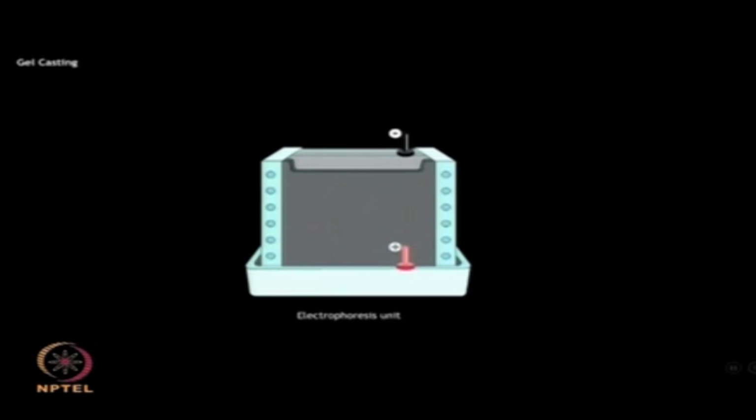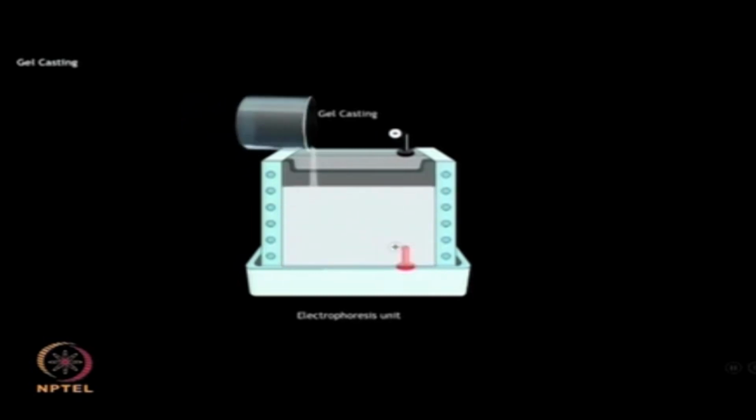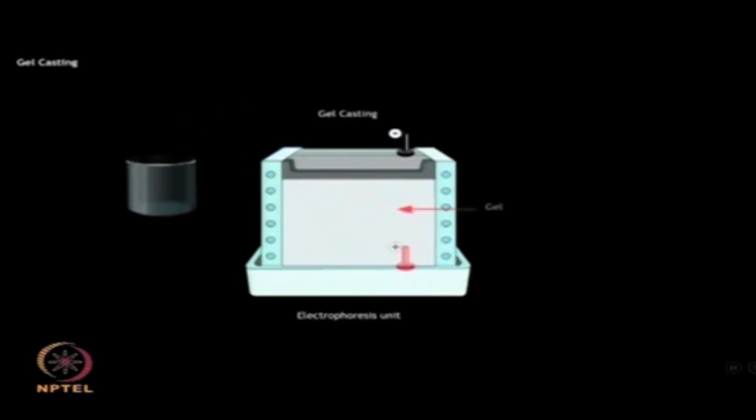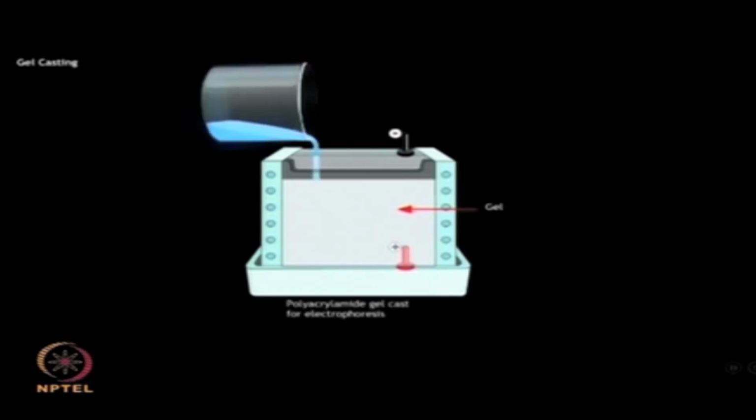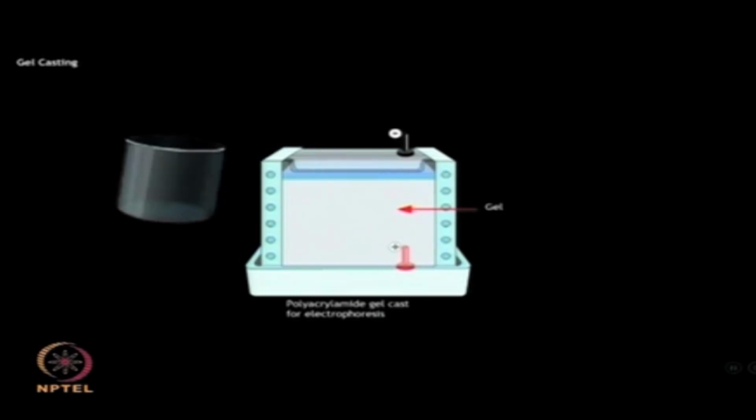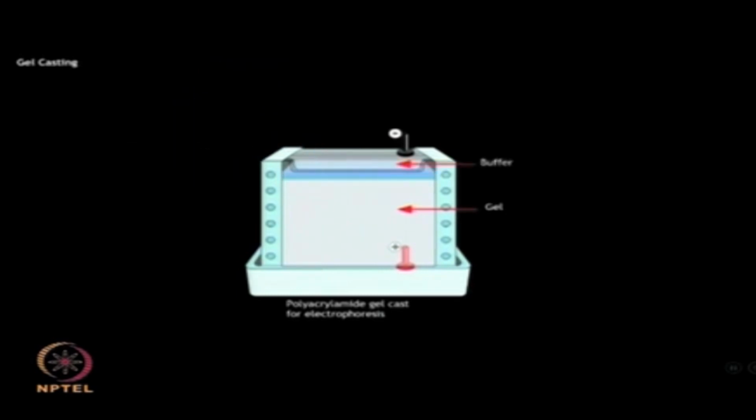The polyacrylamide gel is cast between glass plates as a vertical slab in the same buffer that is used for electrophoresis. The gel is prepared by free radical induced polymerization of acrylamide and bisacrylamide in a suitable buffer. Ammonium persulfate and TEMED are added to facilitate the generation of free radicals and cross-linking.